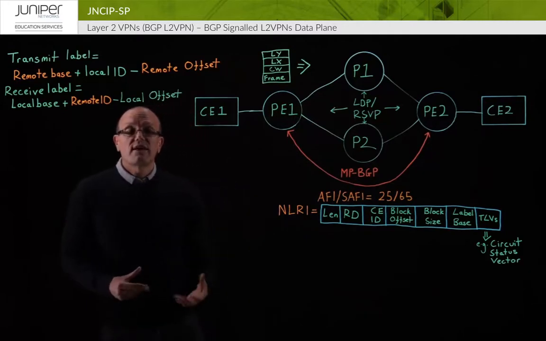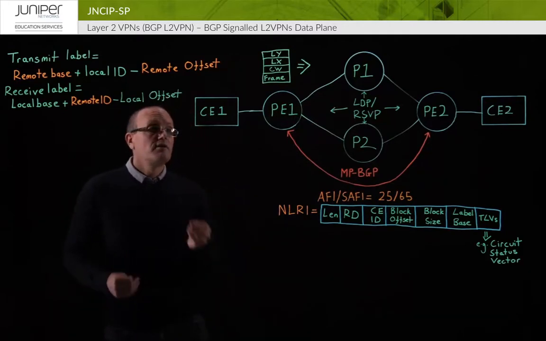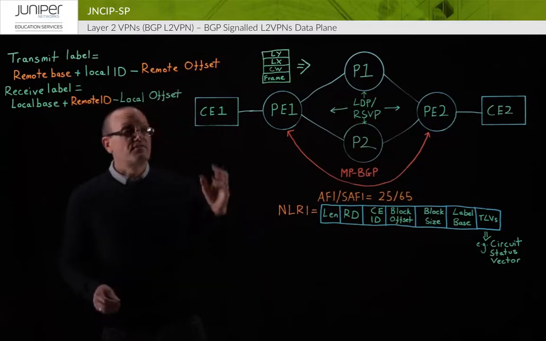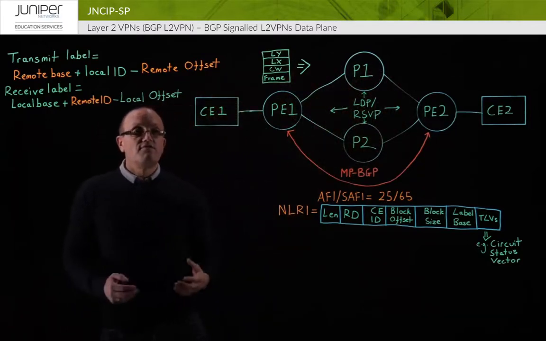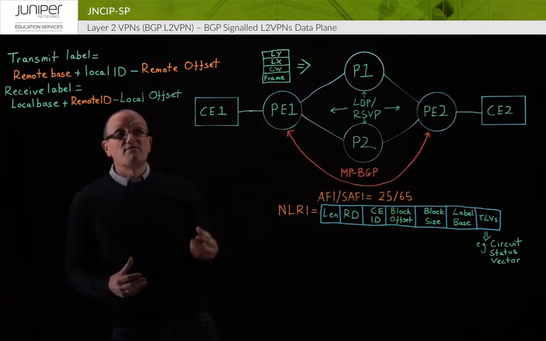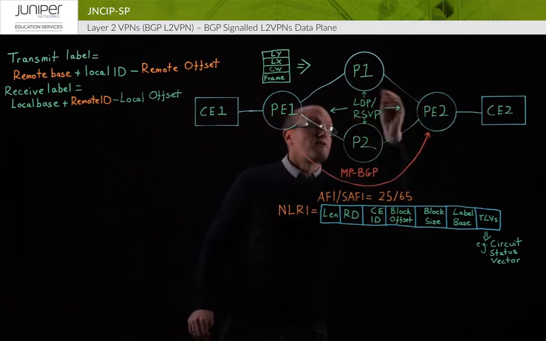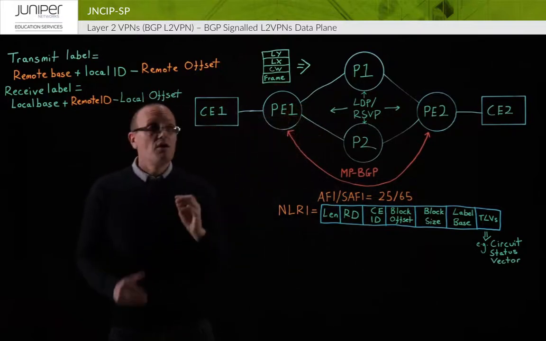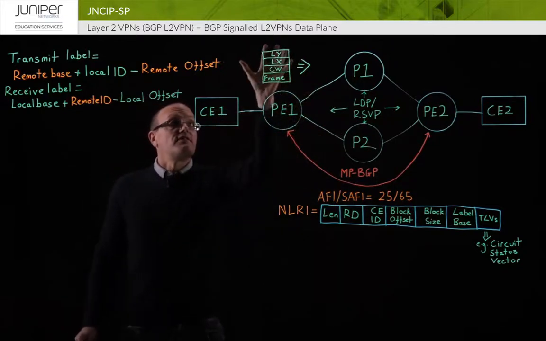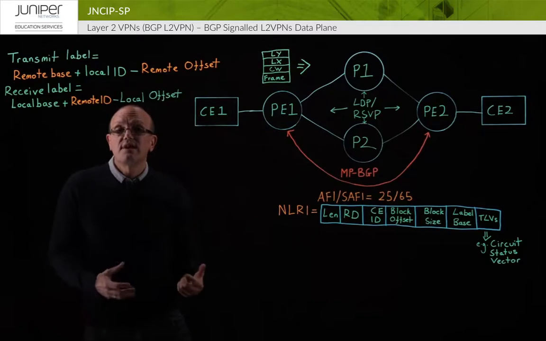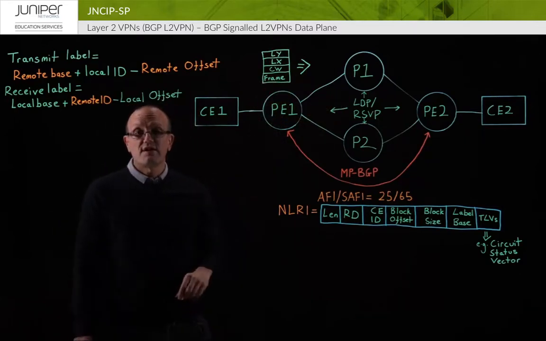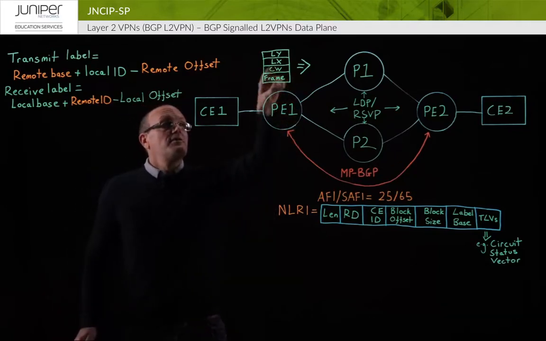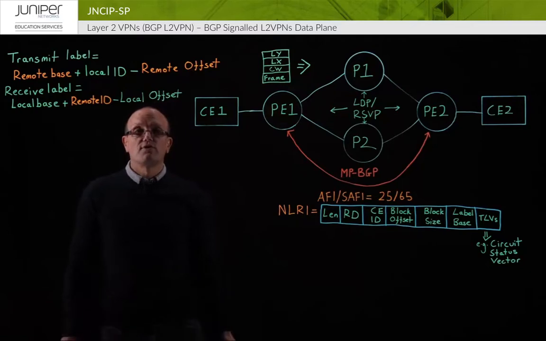So what does the actual data plane packet look like when PE1 comes to send that packet into the MPLS portion of the network for onward switching to eventually get to PE2 to then be forwarded onto CE2? This is the packet that I've illustrated here. It's an Ethernet virtual circuit, so we have the encapsulated frame, and above the frame in the stack we have an optional control word.